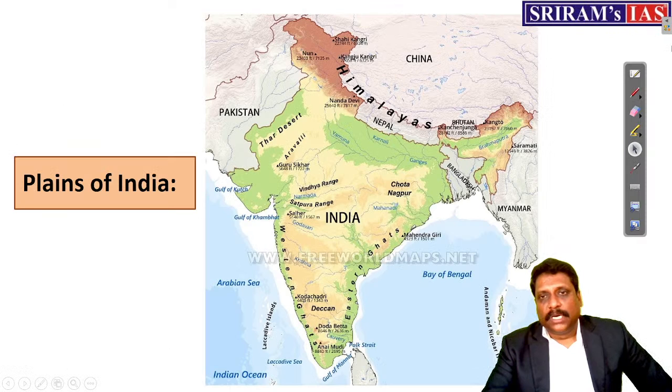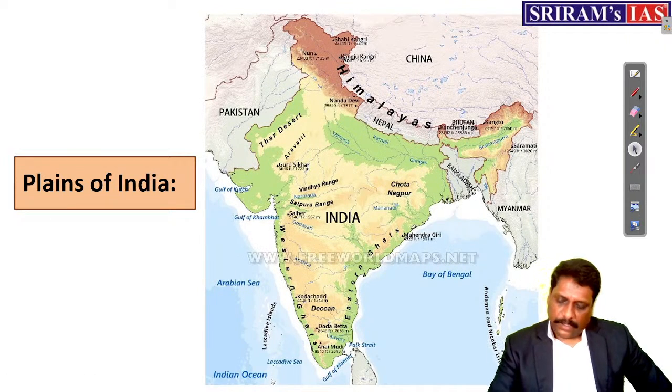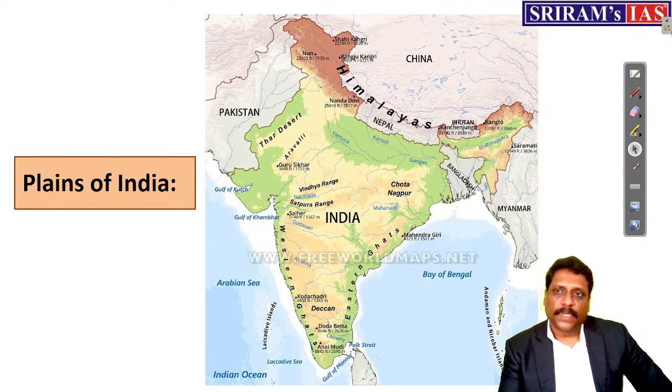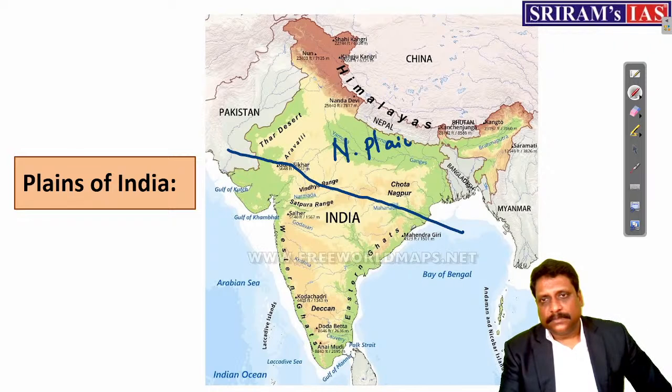Now coming to the third physiographic division, you call them as what? Plains of India. See, plains of India, all these green shaded regions, you call them as what? Plains. For example, these plains of India, you can somewhere subclassify them into what? The northern plains and the southern plains.